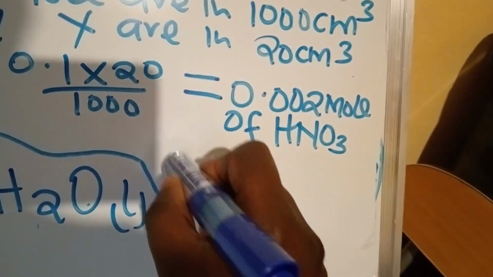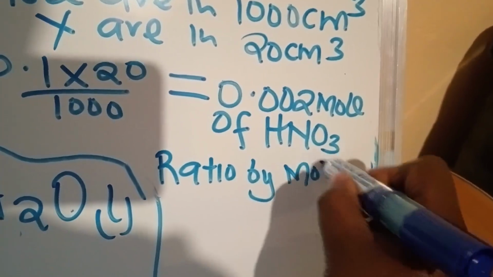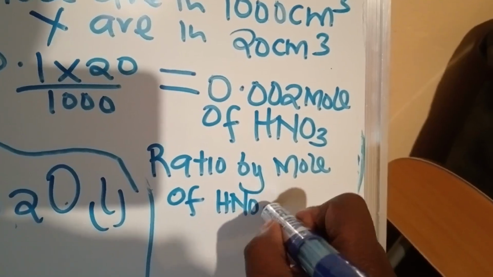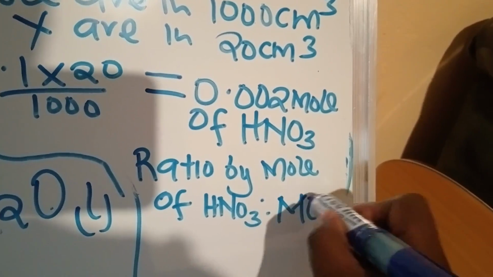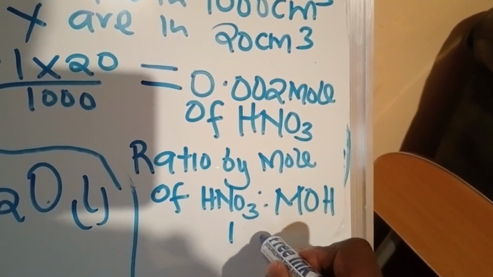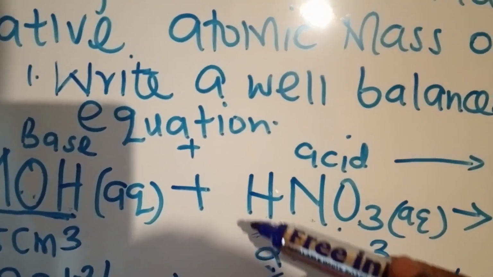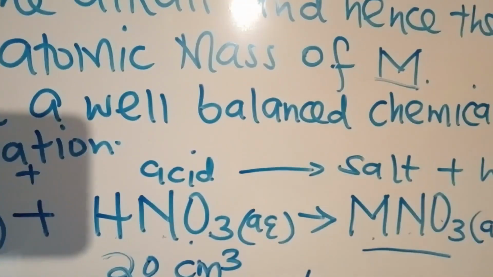From there we get the ratio by mole of nitric(V) acid to MOH. The ratio by mole is 1:1. If you look at the equation, the ratio by mole is 1:1.